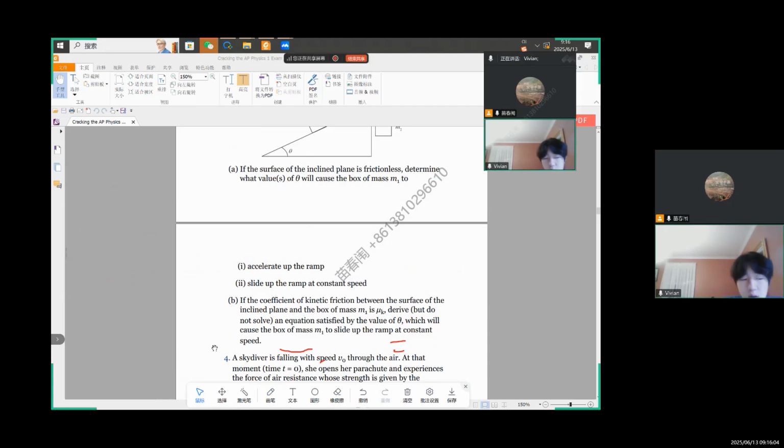So constant speed, slide up, so acceleration 0.